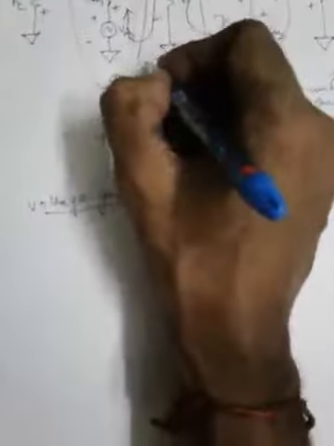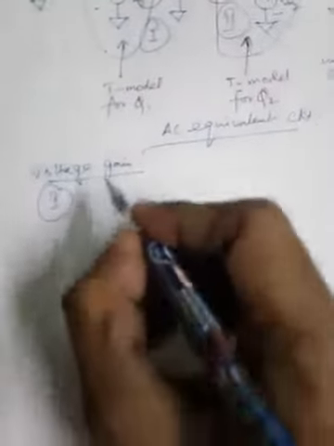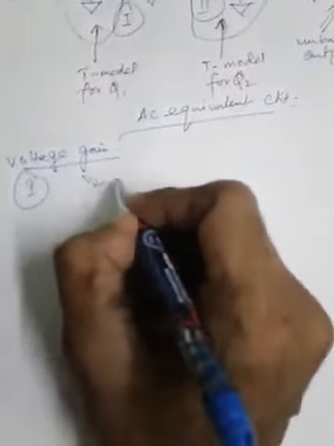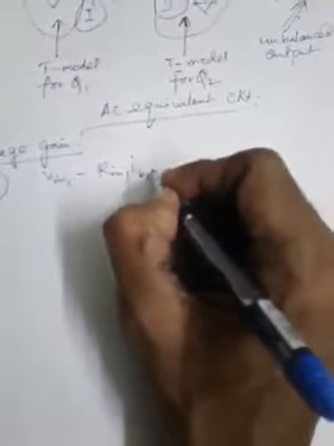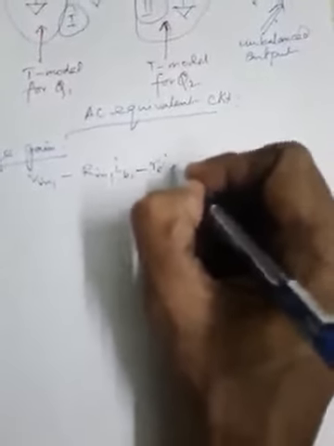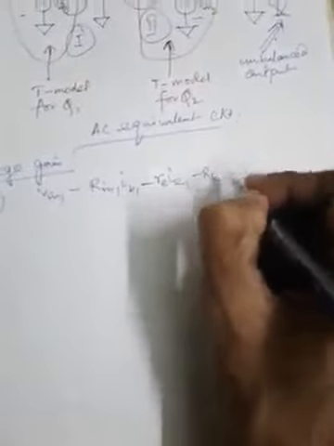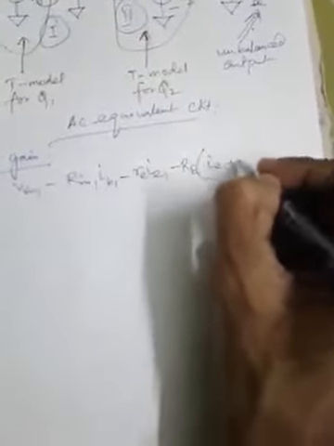So let us now find the voltage gain for this configuration. The current directions in this loop will be in this direction, and in this loop it will be in this direction, likewise the previous case. Suppose this is loop 1 and this is loop 2. Considering loop 1, we can write V in 1 minus R in 1 IB1, with due consideration of the polarities, minus small re IE1 minus capital RE into IE1 plus IE2, that is equal to 0.